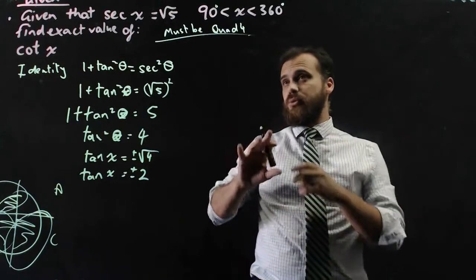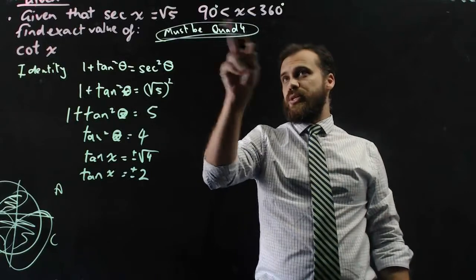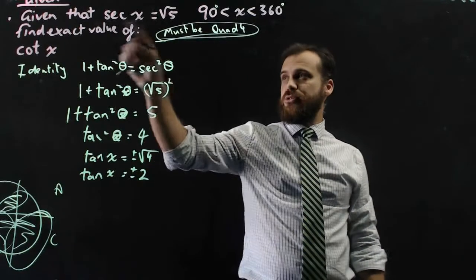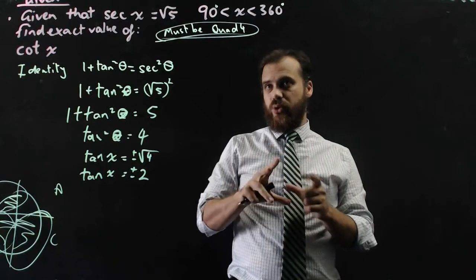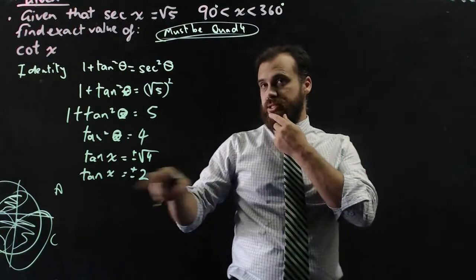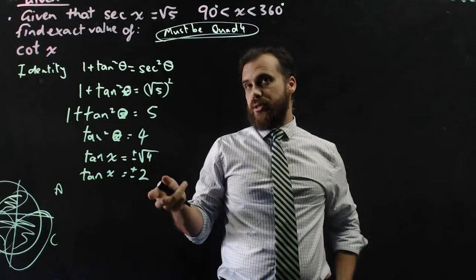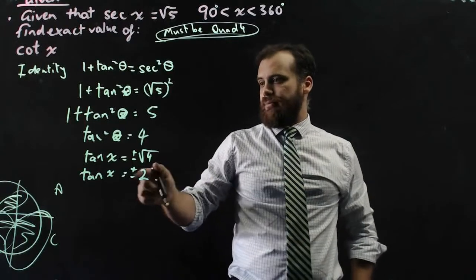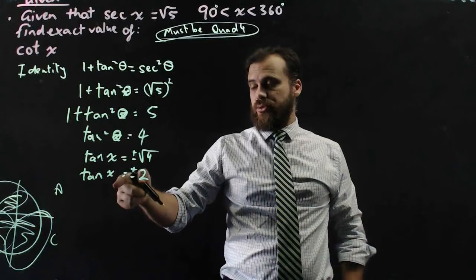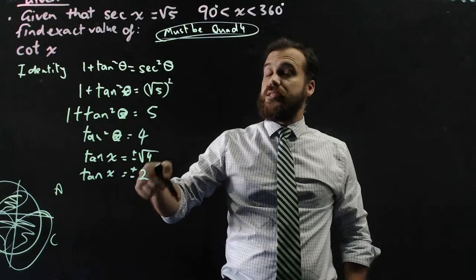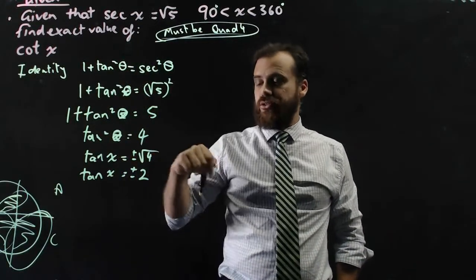But remember what we did in our very first step. We said that it's between 90 and 360, but because sec is a positive answer, then it must be in quadrant 4. So it stands to reason that x will be in quadrant 4, whether it's sec or tan or cot.